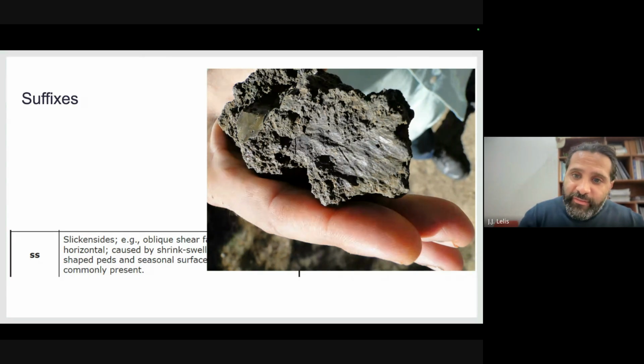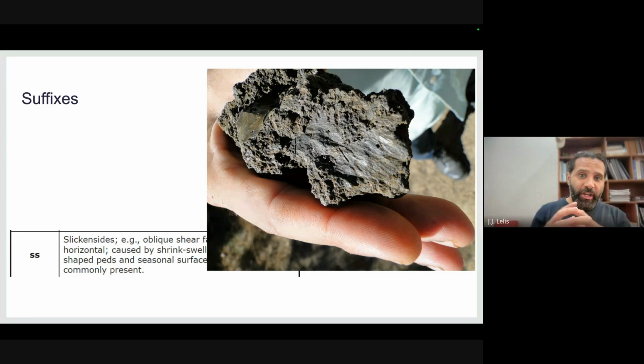We have some faces in horizons and layers that express the friction between one aggregate and another, okay? Especially when we have horizons that are clay rich, and these clays are 2-to-1 minerals like illite, smectite, montmorillonite, clays that can shrink and swell, can expand and contract.